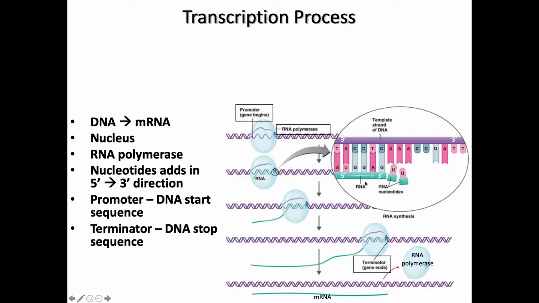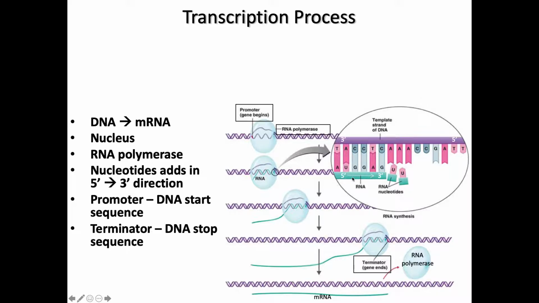This enzyme will add the nucleotides, but they're RNA nucleotides. So in RNA, we still have adenine, guanine, and cytosine, but we have uracil that will base pair with the adenine instead of thymine. So remember, in RNA, we have the uracil base.